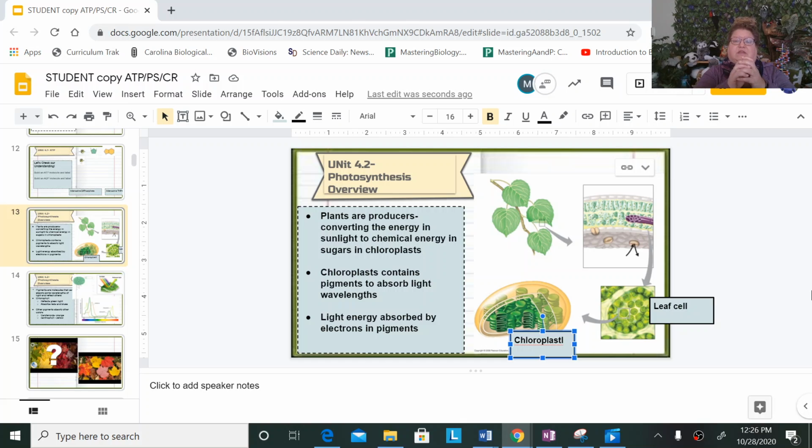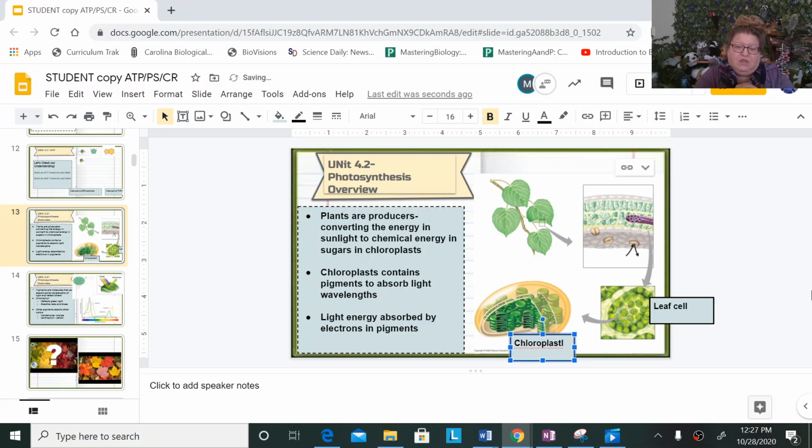So think about the electrons that we learned about back in August, September. Those electrons are moving around and they have a certain amount of energy. Well, when light energy hits them, they can get excited. They can move around more. They can jump to a different orbital in the atoms and the molecules. And so that's what we want to take a look at.